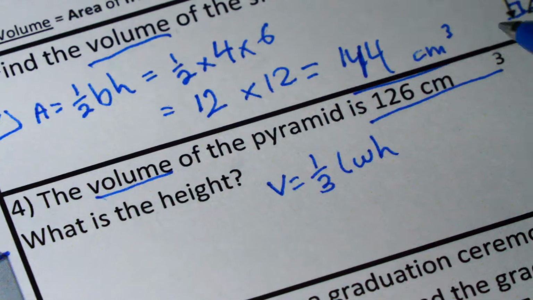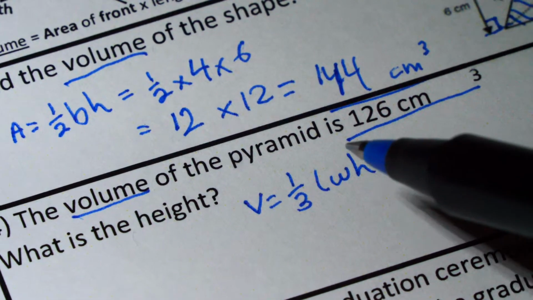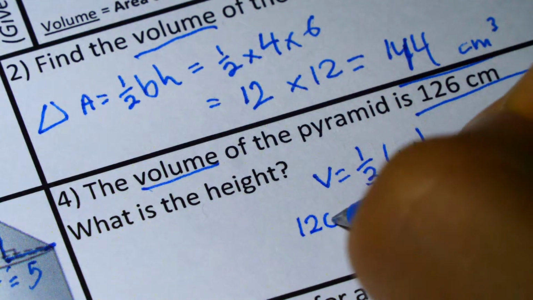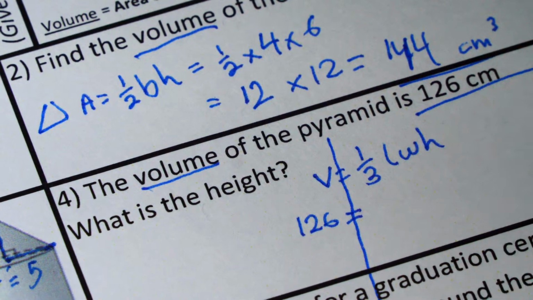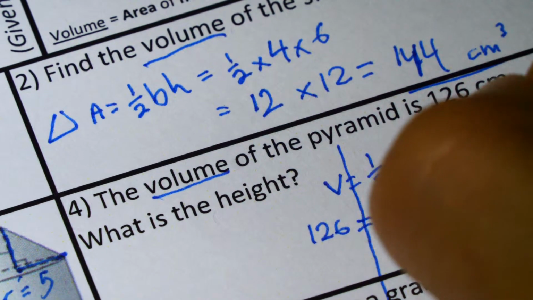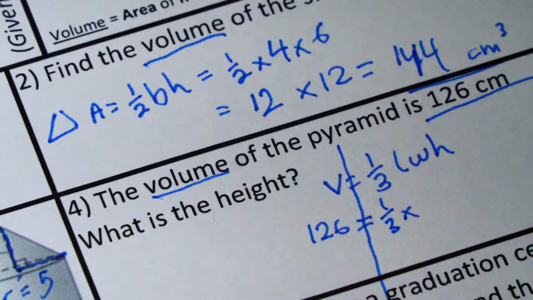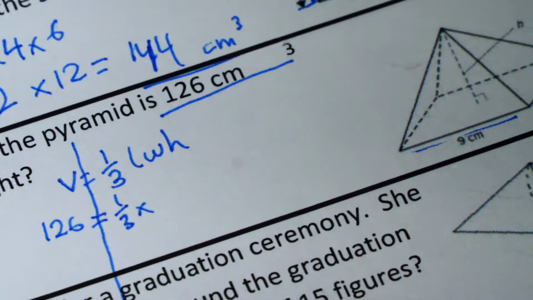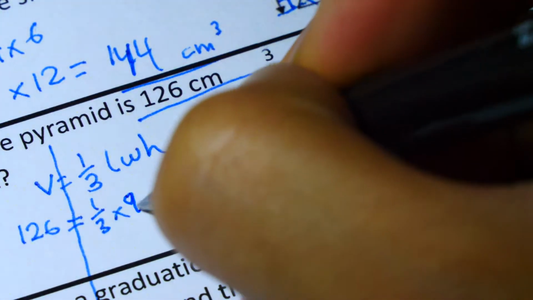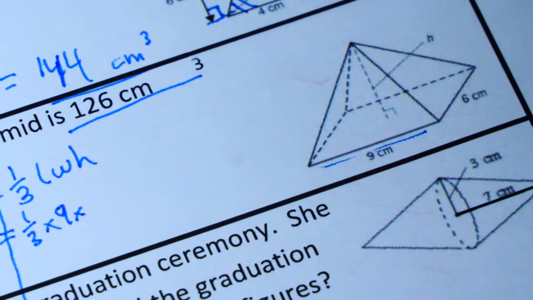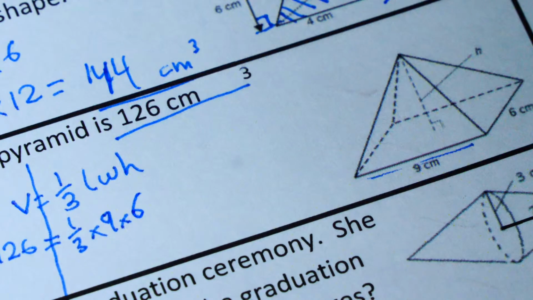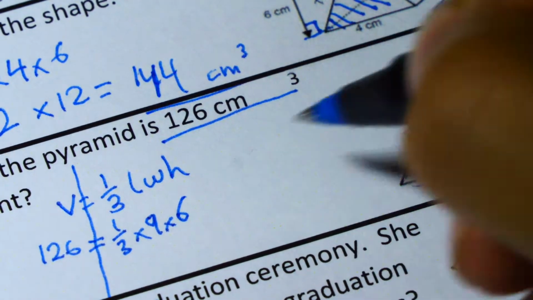Okay, so now we put in the numbers that we know. We know the volume is 126, so we write 126 here. Okay, we have the third times the length. The length is 9, times the width. The width is 6, so times 6 times the height.